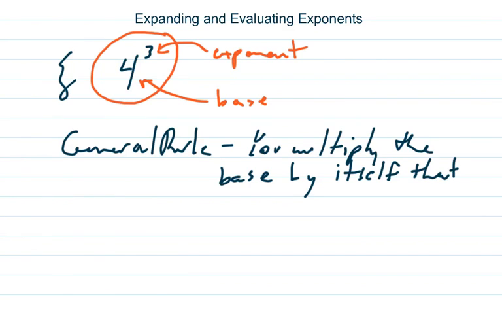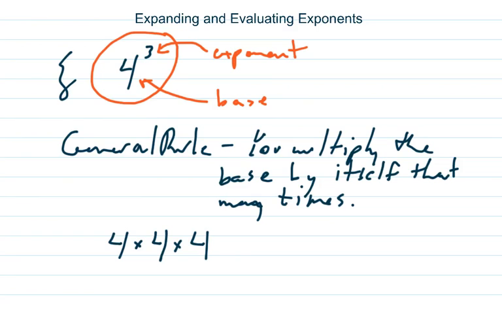And by that many, I mean the number of the exponent. So for instance, in this question, we're going to go 4, and I'll use an x, which I never use for multiplication really, times 4 times 4.